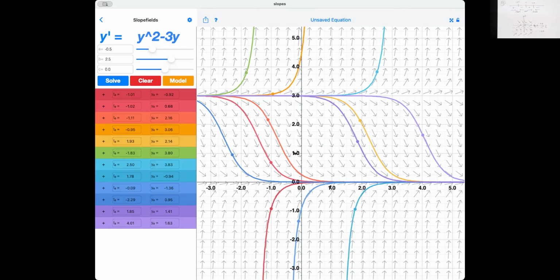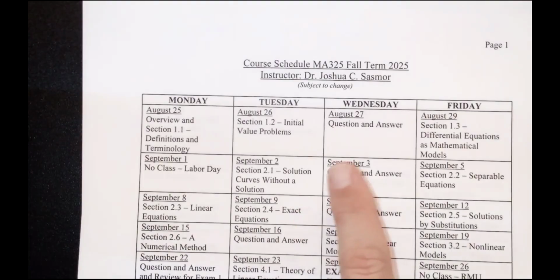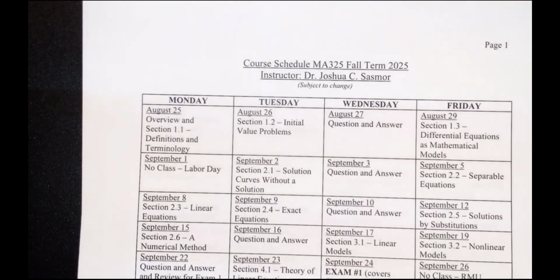Because of Labor Day, what are we actually doing tomorrow? We're not actually solving these until Friday. So Wednesday, tomorrow, Chapter 1, Section 3 on models, Chapter 2, Section 1 on solving without solving.